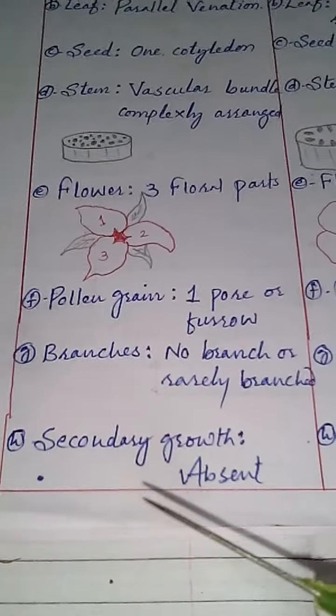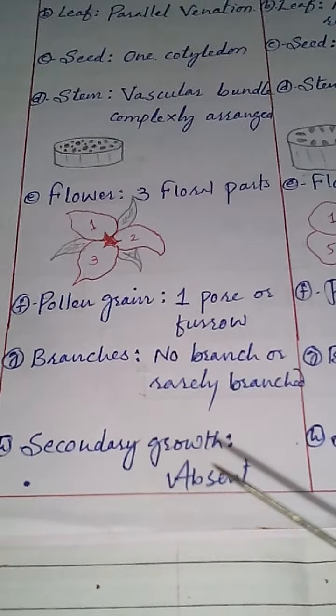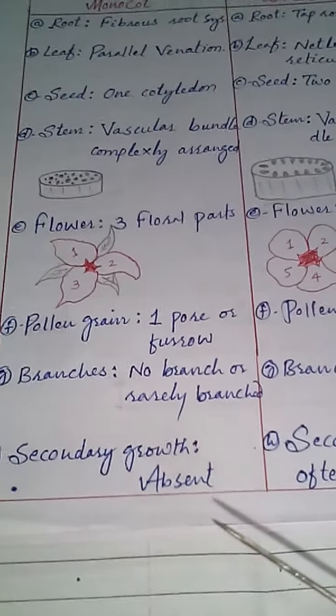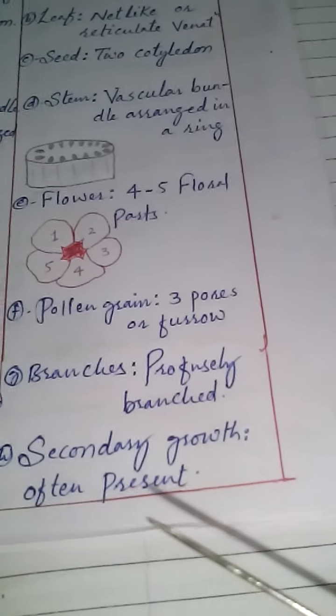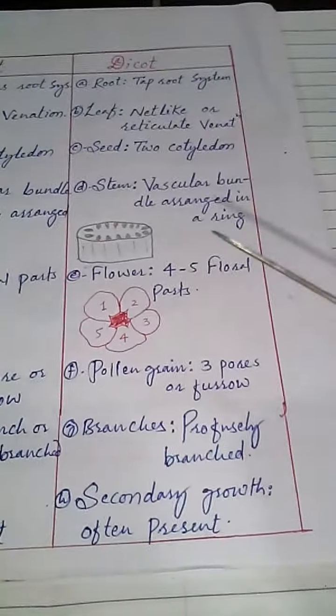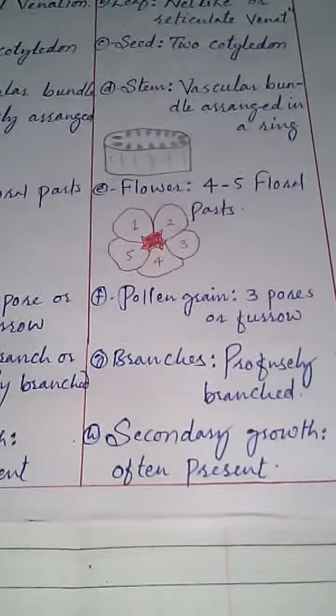And the last point to compare is the growth. The secondary growth in the monocotyledons is absent. There is no secondary growth, while the secondary growth in the dicotyledonous plant is often present.